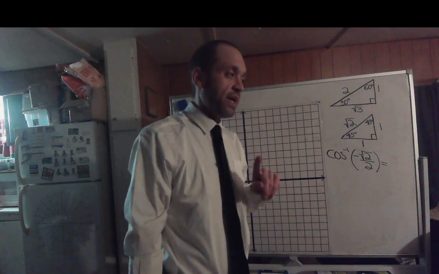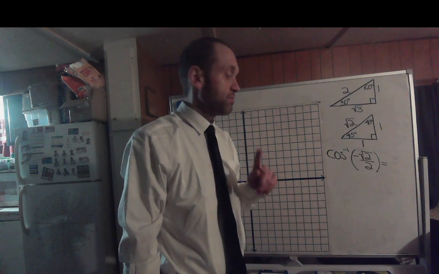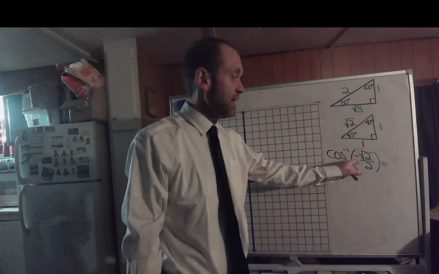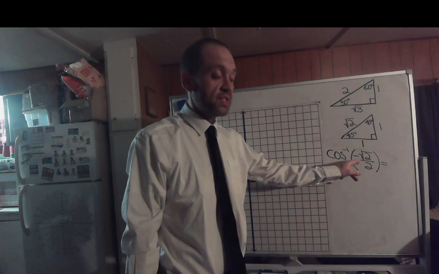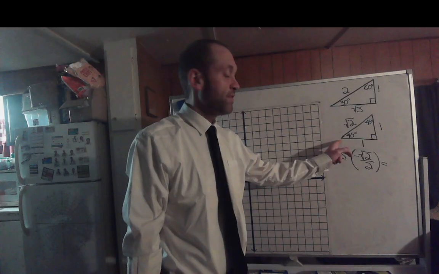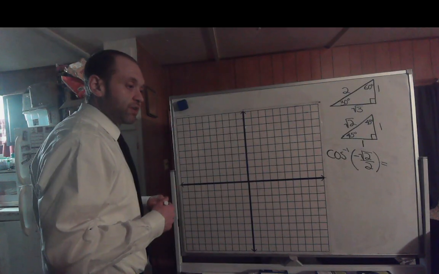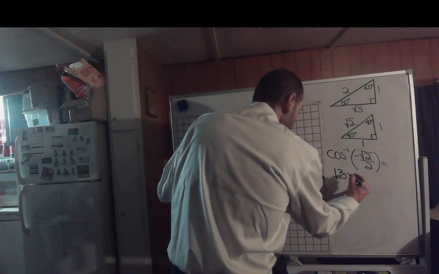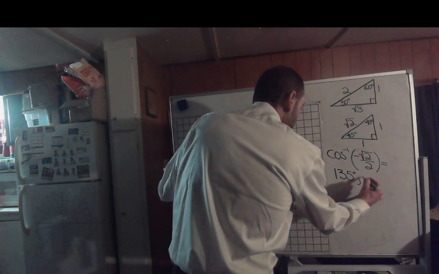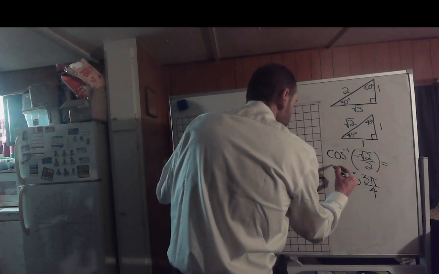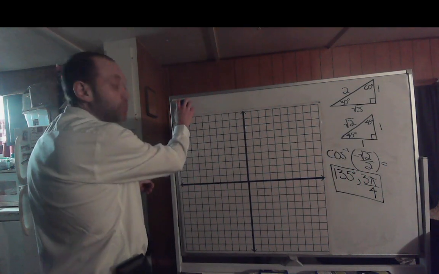But think of the range of the cosine inverse. It's from 0 to pi. Since you have a negative, you're going to have to look in the second quadrant. So take 45 away from 180, you're working with a 45-degree reference angle, you would get 135 degrees, or 3 pi over 4 radians. So that would be your answer. It would be 135 degrees, or 3 pi over 4 radians.